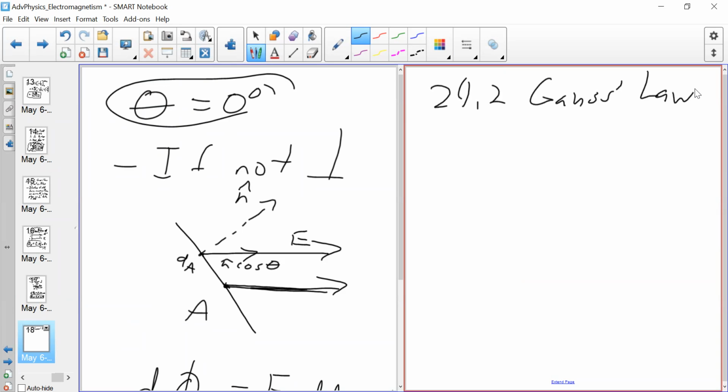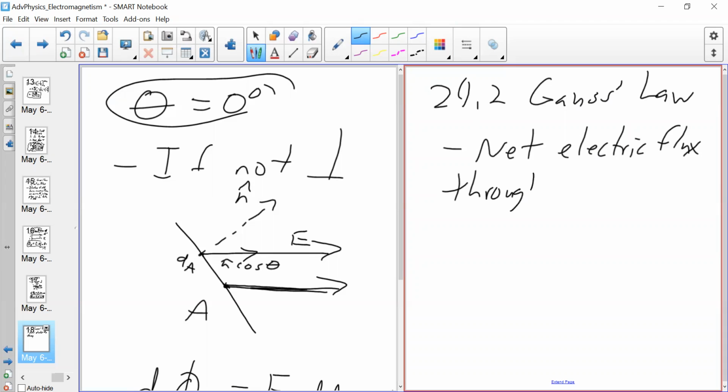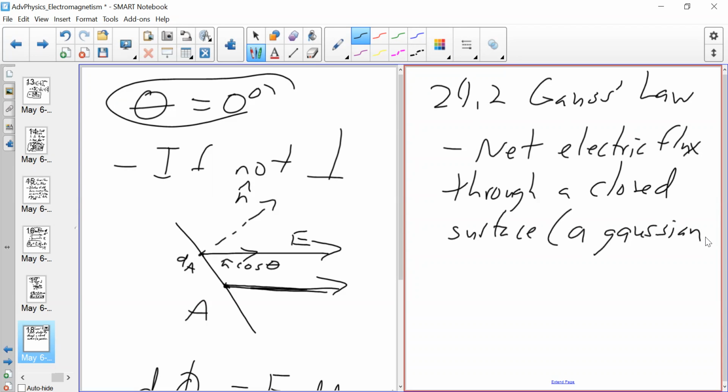Gauss's law deals with a net electric flux through a closed surface, which we call some arbitrary Gaussian surface. You can't just look outside and say, oh, there's a Gaussian surface. It's something to confine the problem, right?